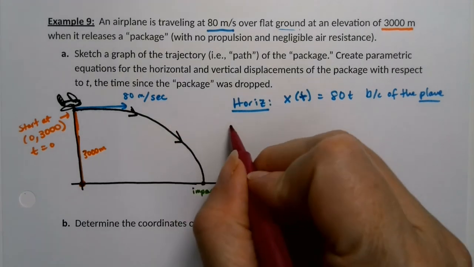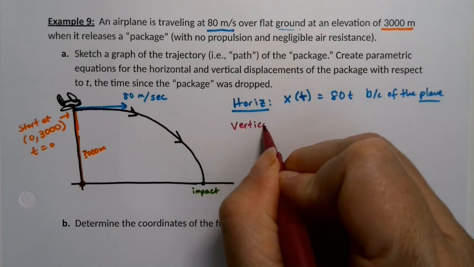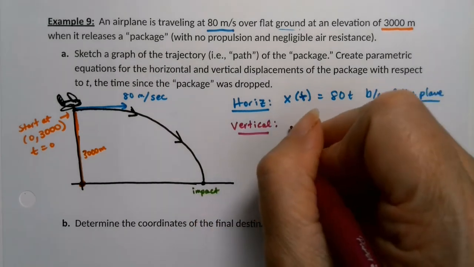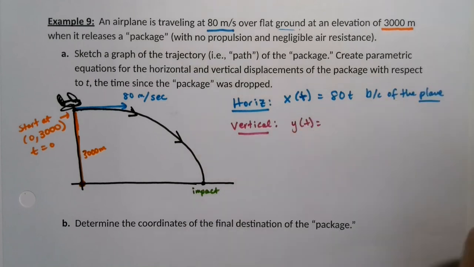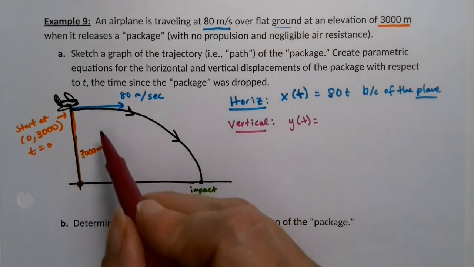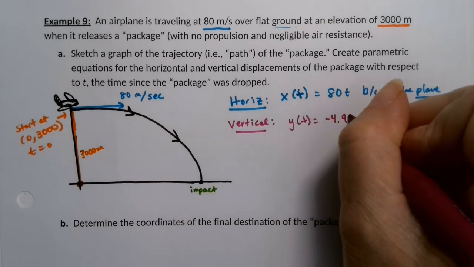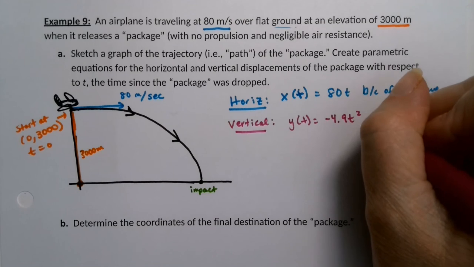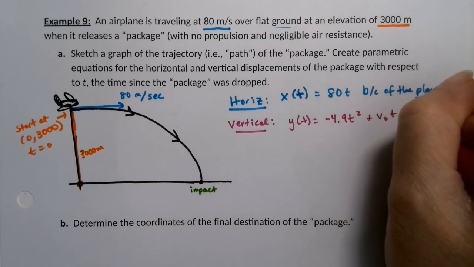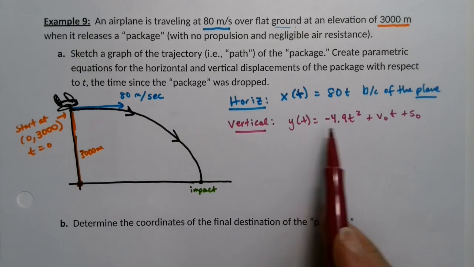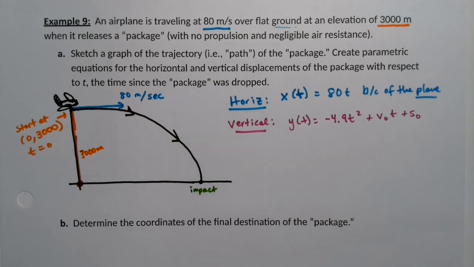Well, the vertical we've covered in Calculus 2, but you've also covered it in Calculus 1. All right, so we all know that vertical for a falling body, which is what the vertical component of this is, is negative 4.9 t squared plus v0 t plus s0. Looks familiar? Yeah, we actually derived all of this back in chapter 6, so it was a long time ago.